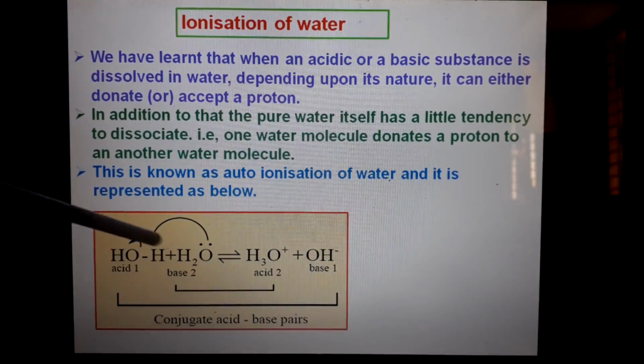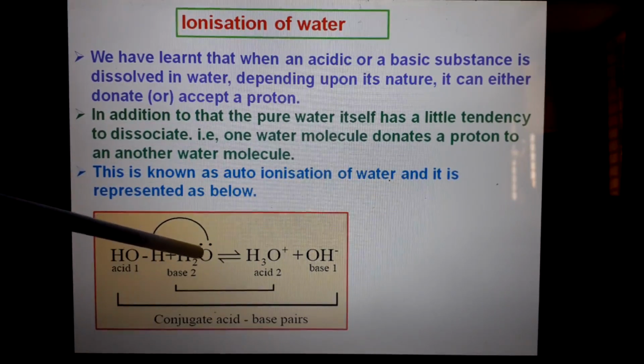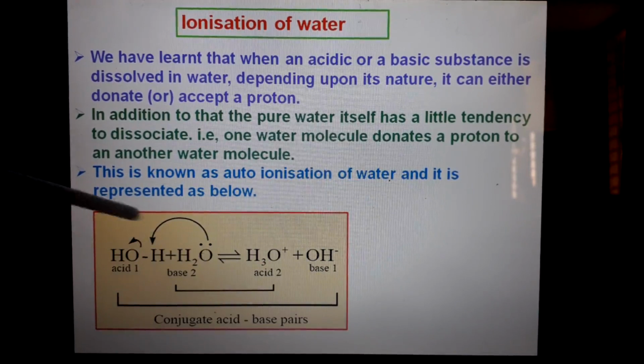One has OH− and H+, and the other has a lone pair of electrons, which accepts the proton, the H+ ion.